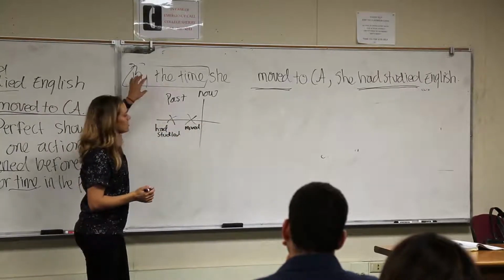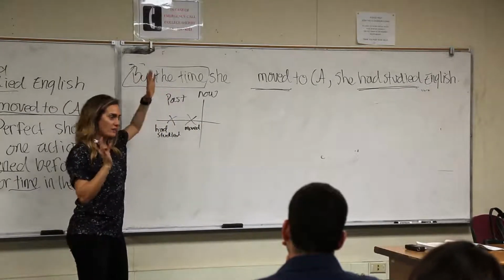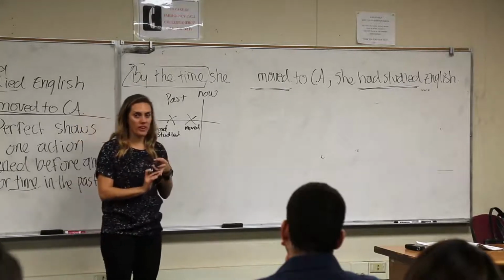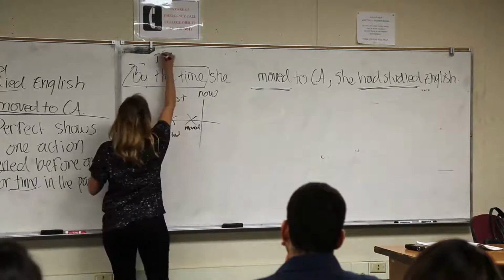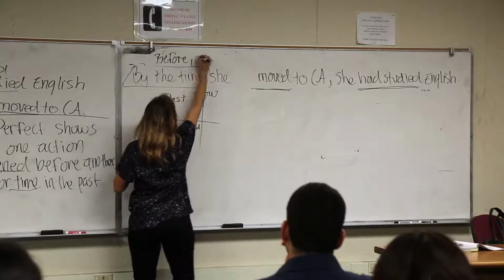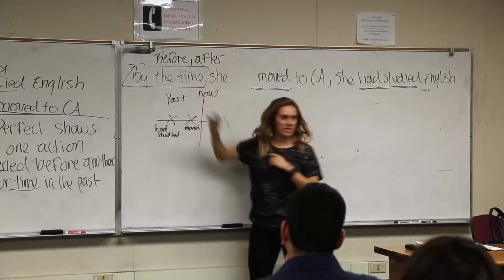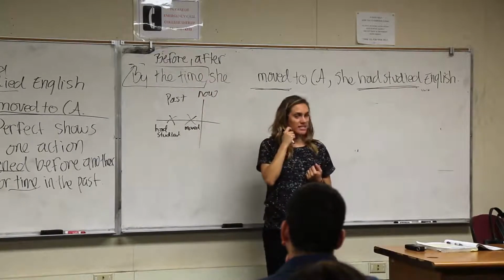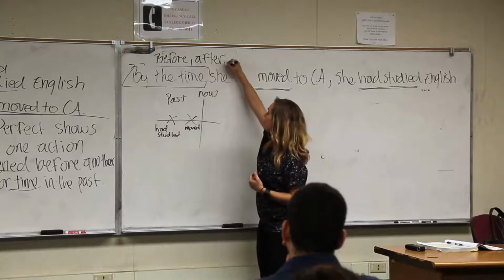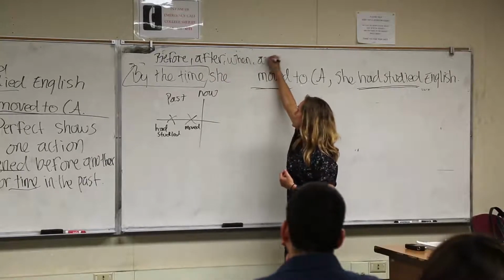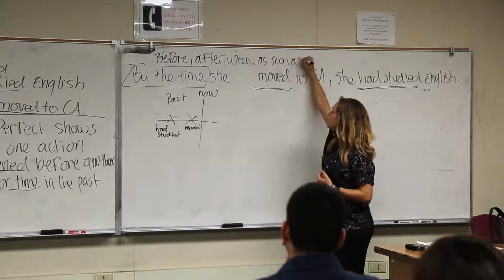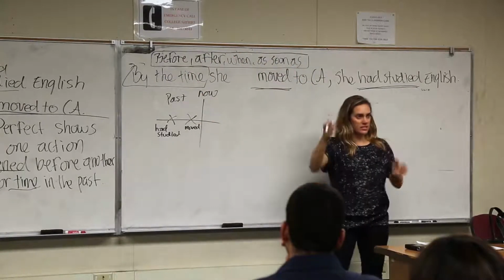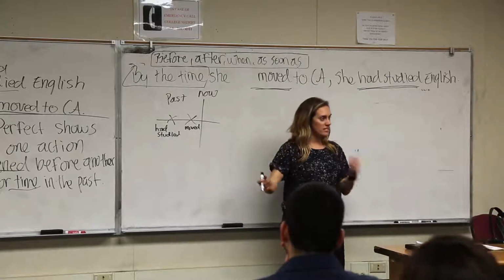So when you see the words by the time, or words like before, after, or when, what does by the time mean? Before. Yeah, it's a time word. Before, after, when, as soon as. These words help us to see what happened first and what happened second, right?